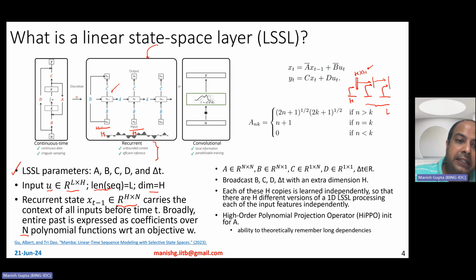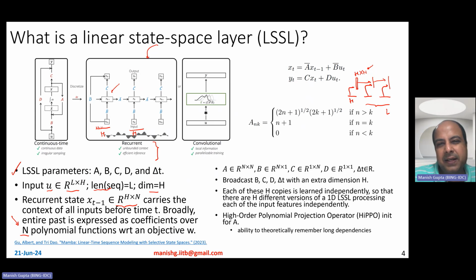If you look at each of those dimensions in U, there are so many previous time point values of that dimension. Now, you can represent those as n different fixed, constant values, by coming up with a coefficient over n polynomial functions.